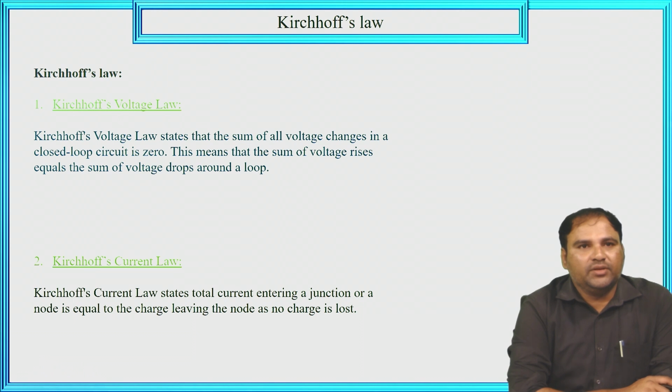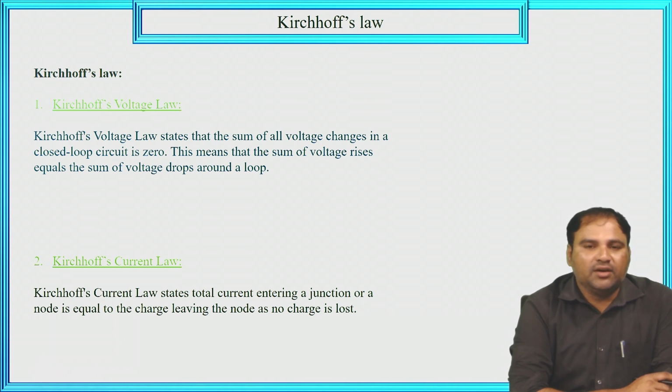The Kirchhoff voltage law states that the algebraic sum of the total voltage drop in a closed loop is always equal to 0. So KVL states that the algebraic sum of the total voltage drop across each and every element is always equal to 0. We call it Kirchhoff voltage law.